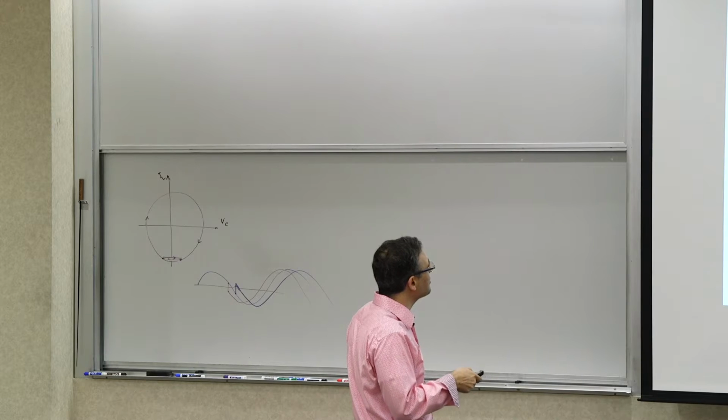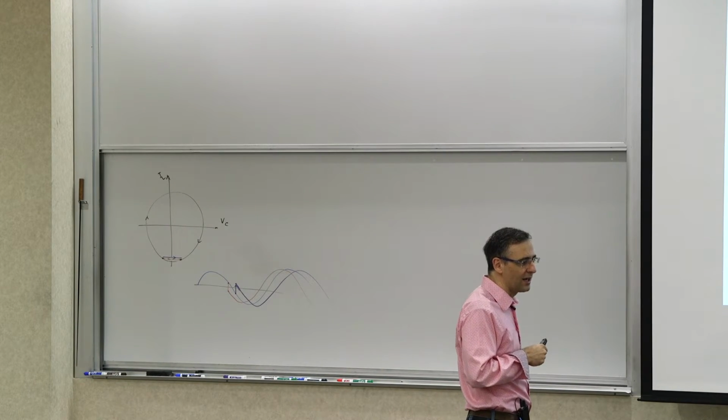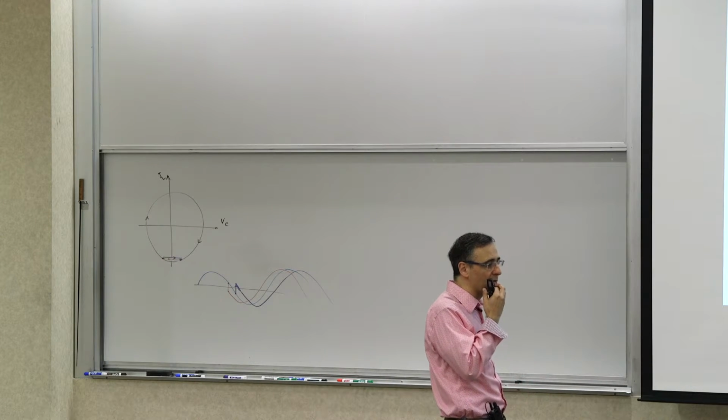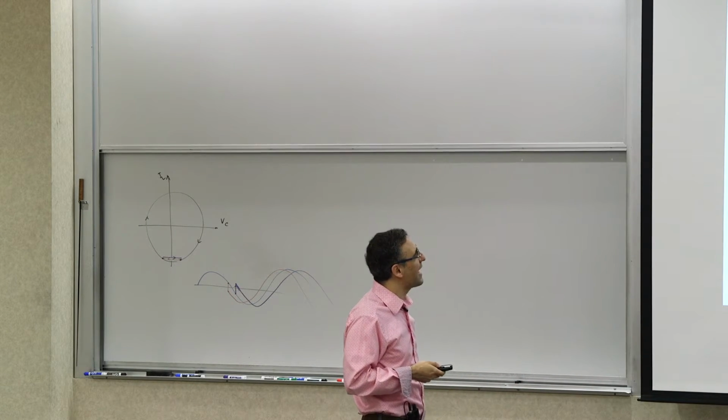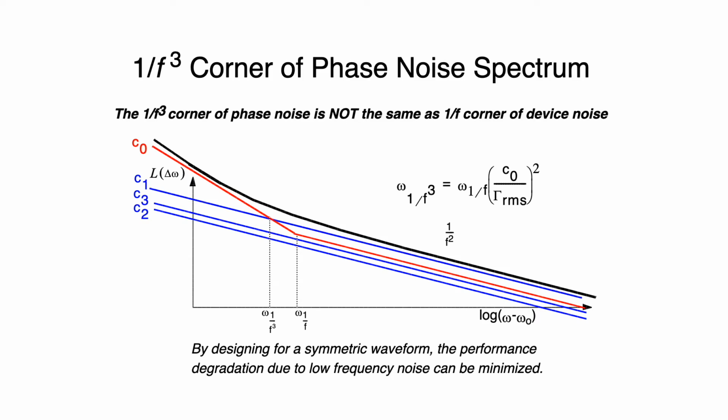So the key question is, where is this omega 1 over f cubed corner? How is it related to the omega 1 over f? And the answer to that is relatively straightforward. It's when the power of all these blue curves added equals the power of the red curve.